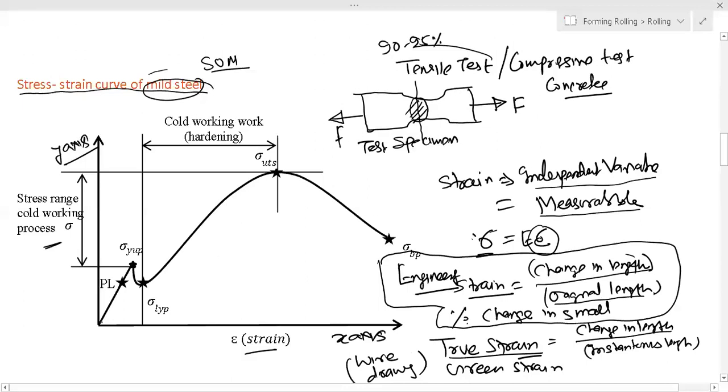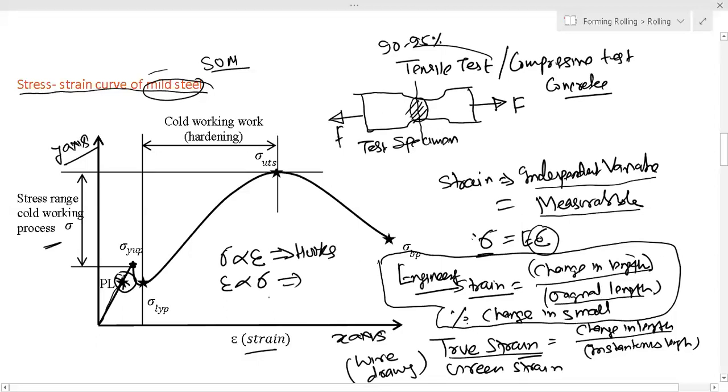So we load it, and when force is applied, stress is developed, and there is a point up to which stress is proportional to strain, or strain is proportional to stress also. When it is proportional, it is Hooke's law.